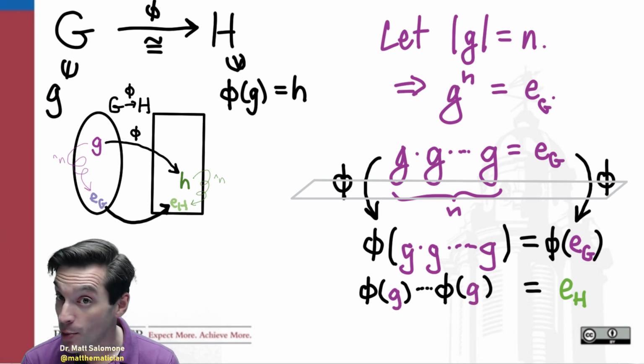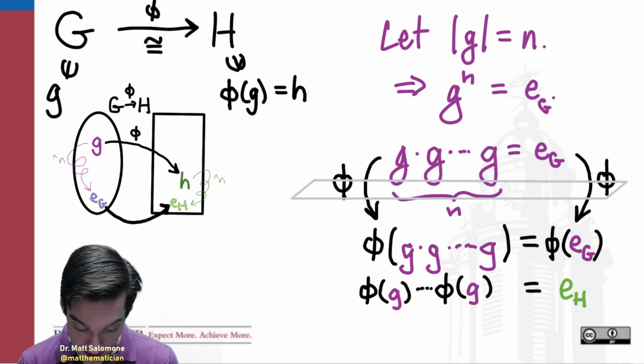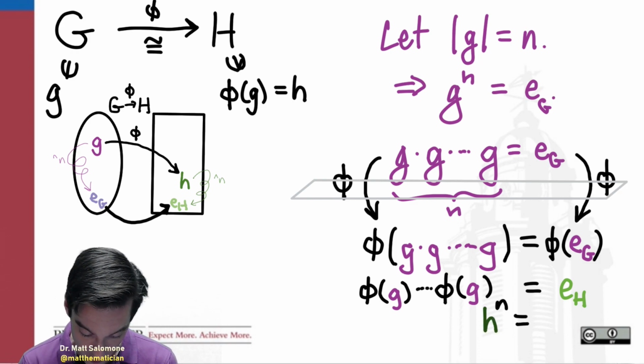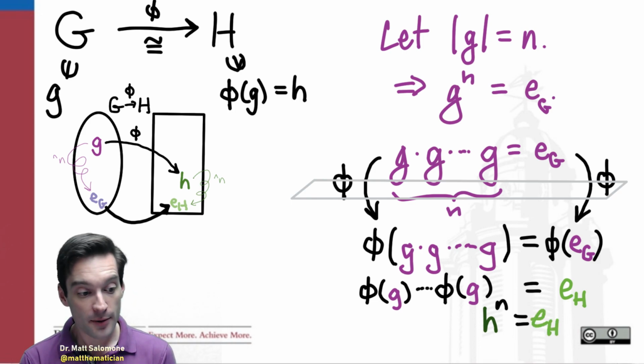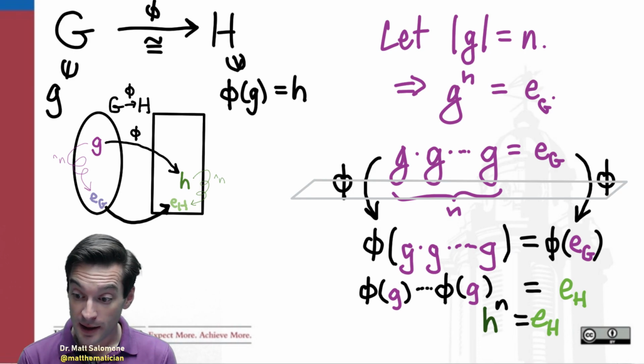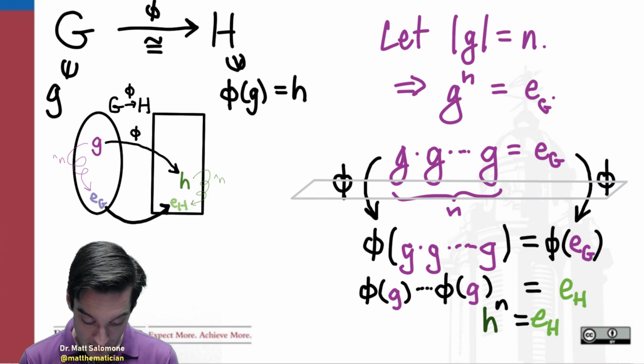That's the magic of homomorphisms, right? And each of those phi of g's is h. So I'm going to have here h to the power n is equal to the identity element of the group H. All right, there was the important step, right? Now that I know that the nth power of h is equal to the identity in H, what do I deduce about the order of the element little h?